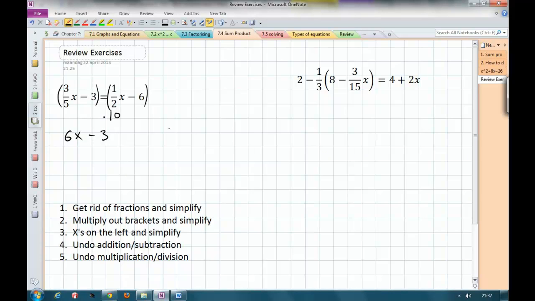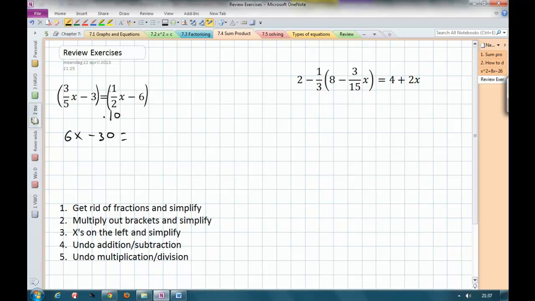But then you're not multiplying the entire left side by 10. What you're doing is just multiplying this 3/5 times the 10, and of course that does not work. You must multiply the entire left side by the 10, and that means that the 3 also becomes then minus 30. Also multiplying the right side by 10.